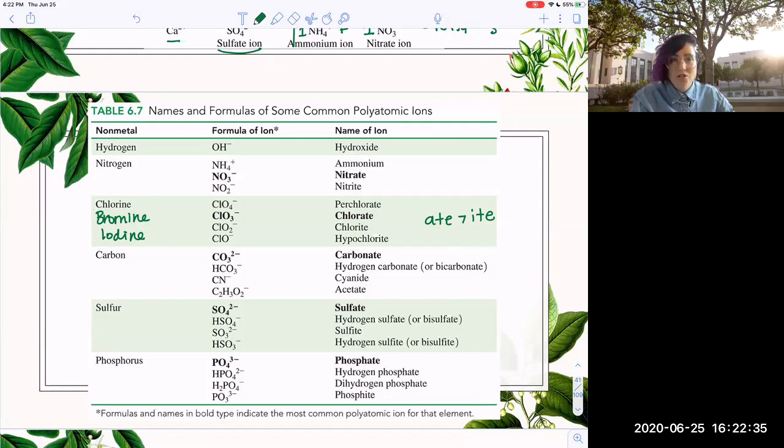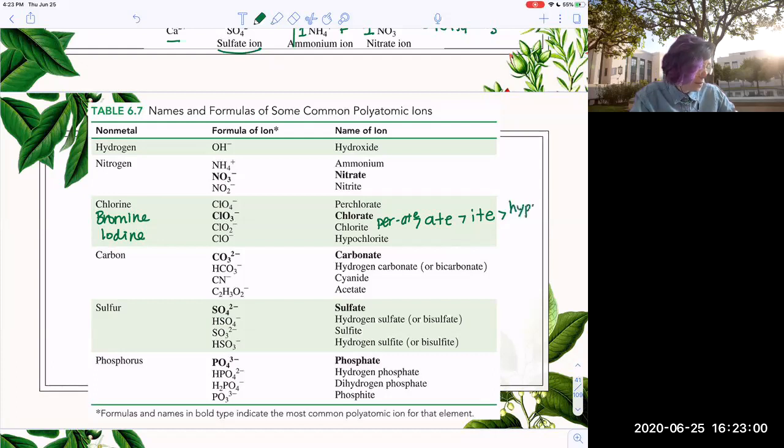What has more oxygen than -ate? Per-, like hyperthermia means too much heat, or hyperactive means too much active. So per-ate is more than -ate. What is under -ite? Hypo-ite, like hypothermia, meaning not enough heat, or hypothyroidism, meaning your thyroid is less active.